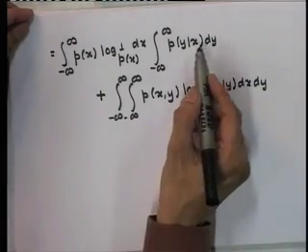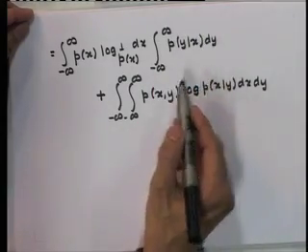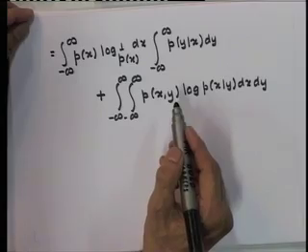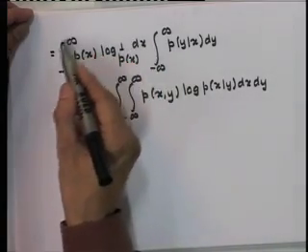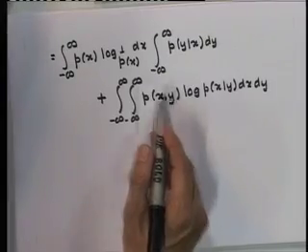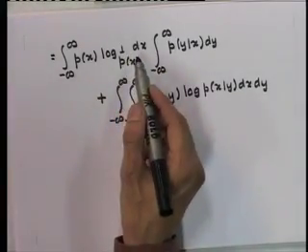Now, this quantity is equal to 1 and this quantity out here by definition is the differential entropy.